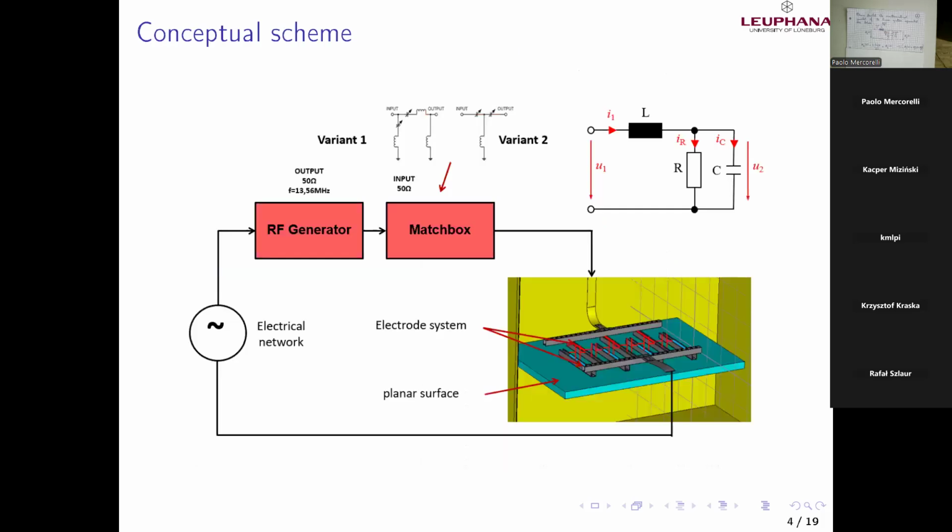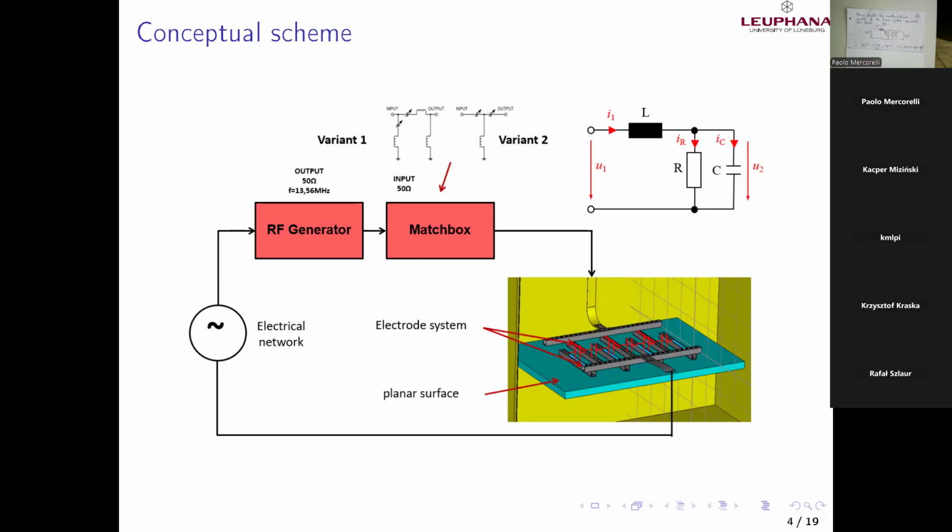In order to understand better what I want to show you, I will conclude with this slide. Now, look at the bottom. We have the electrical network as our input, the electrical network which we have at home. Then we have a system which is the radio frequency generator. I don't need to go in depth on this radio frequency generator.